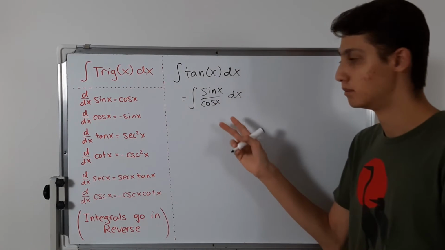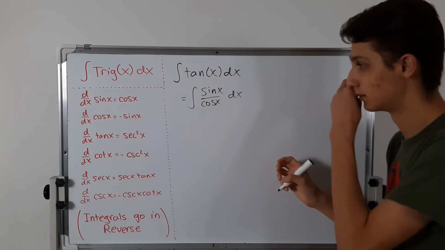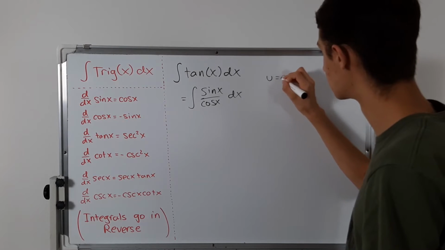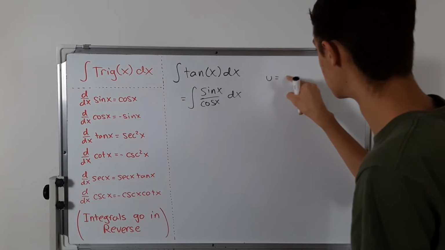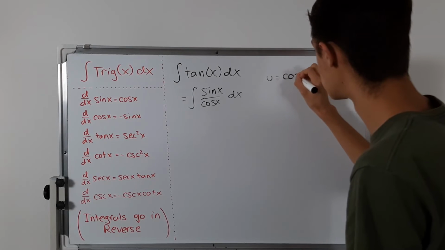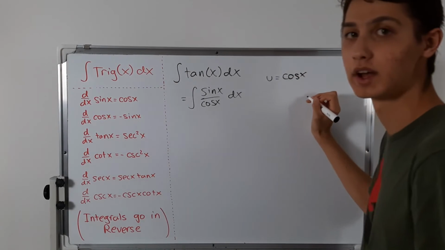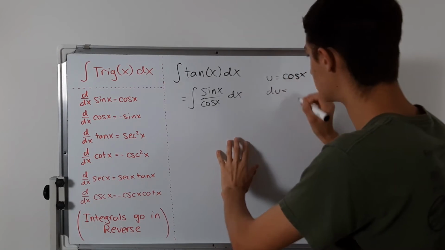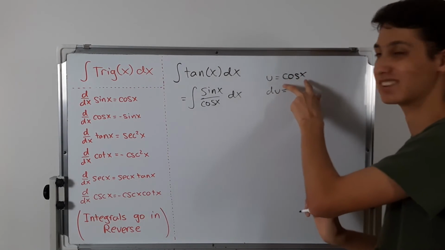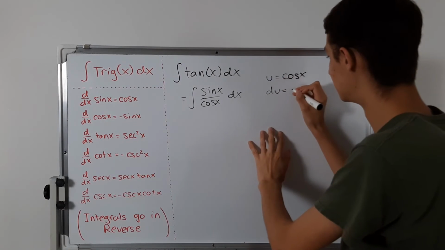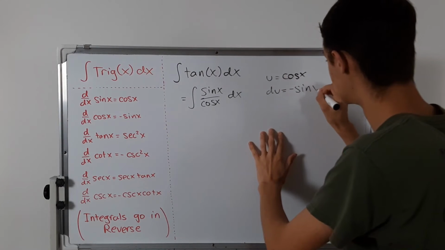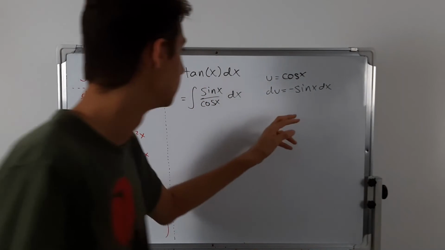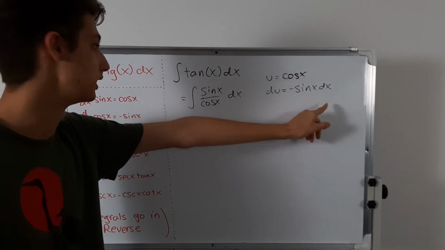So this is pretty easy. We can tackle it with a u substitution. We can say u equals cosine of x. The reason we're doing cosine and not sine is because the derivative of cosine is negative sine, so du is going to be negative sine of x dx.